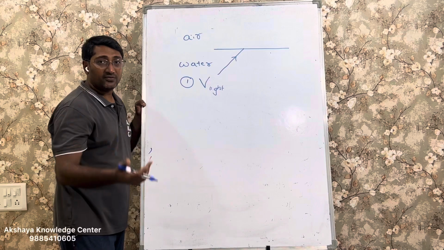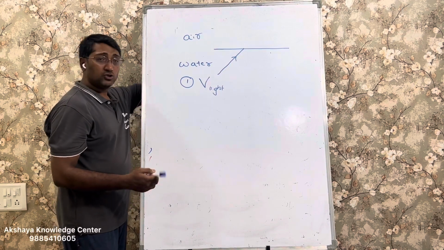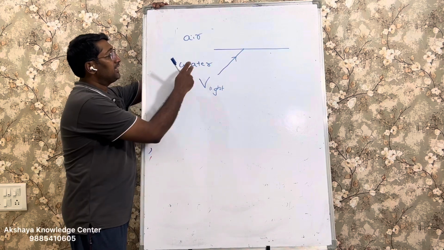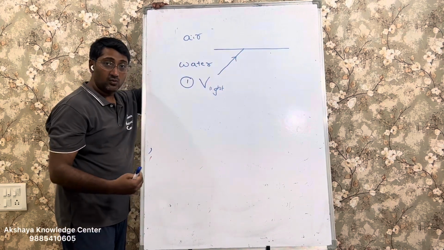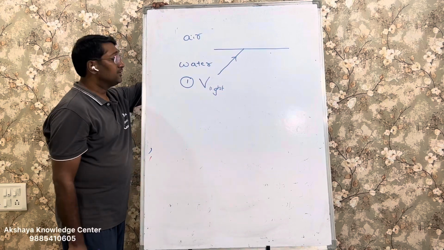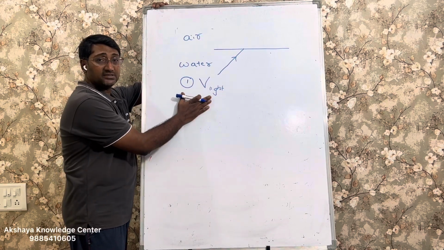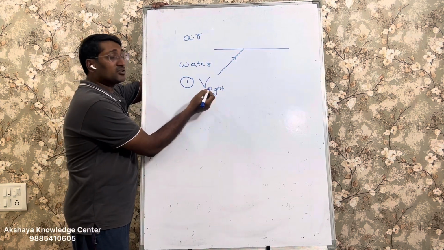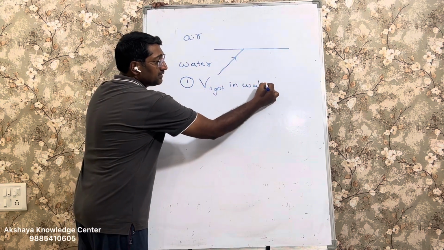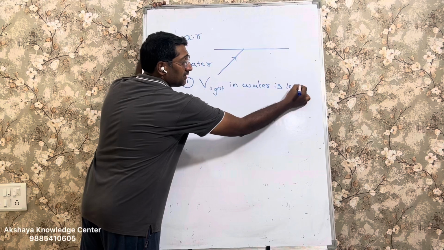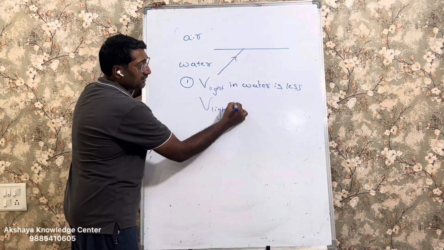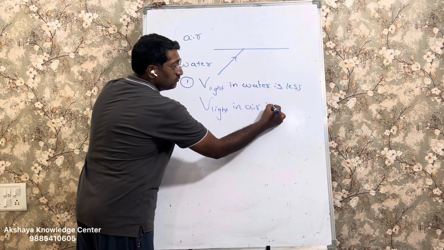So let's think of it in the reverse way. In vacuum, it is the fastest. In air, it is a little slow. In water, it is much slower. And finally, in glass, it would be slower still. So here, if you observe, the speed of light in water is less, whereas the speed of light in air is more.